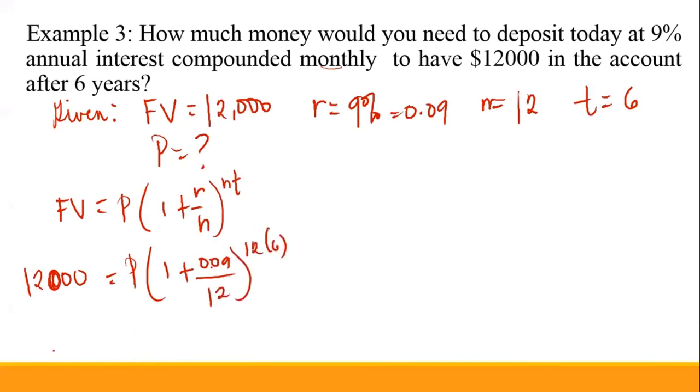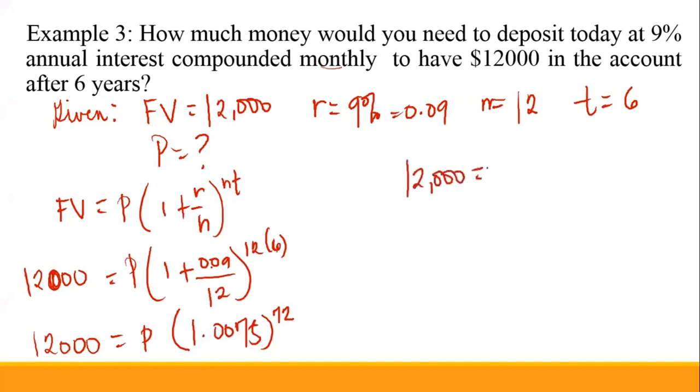So 12,000 equals P times 1.0075 raised to 72. Okay, so the product of 12 and 6 is 72. So 12,000 is equal now to P times 1.712552707. Lagay lahat natin yung digits, okay?